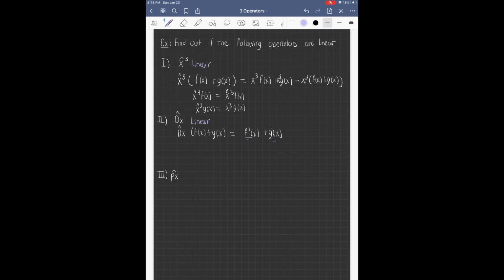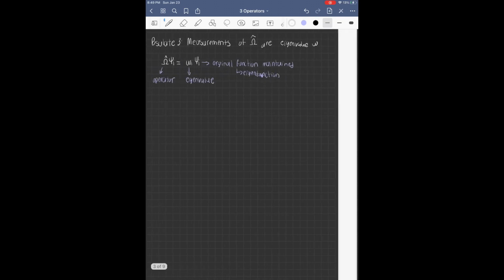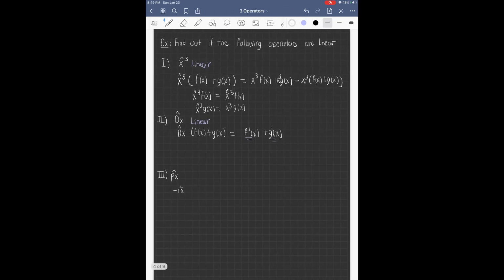Should I do momentum? I'm not gonna do momentum, but I'm gonna give you a reason why. The momentum operator is just a constant, i h bar, times the derivative, acting on f of x plus g of x. Now we know the derivative is a linear operator.